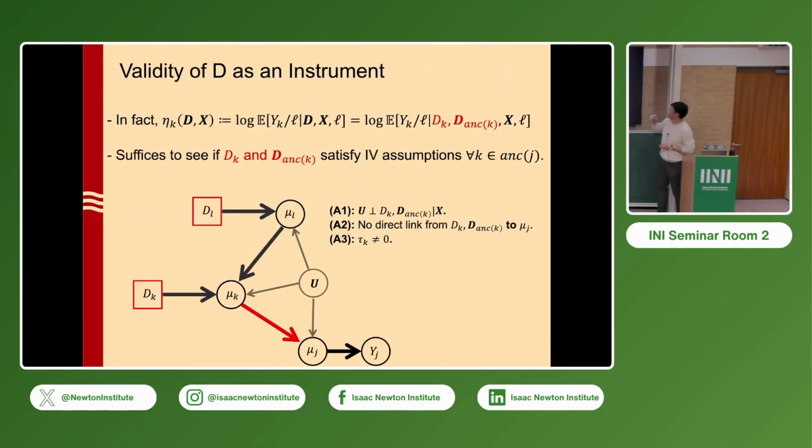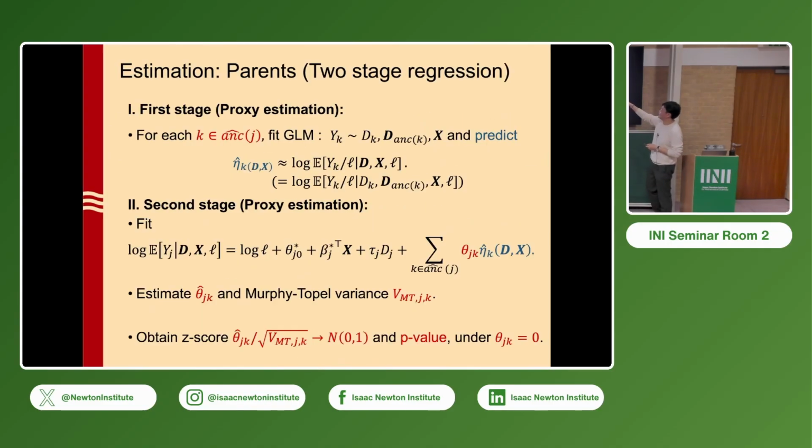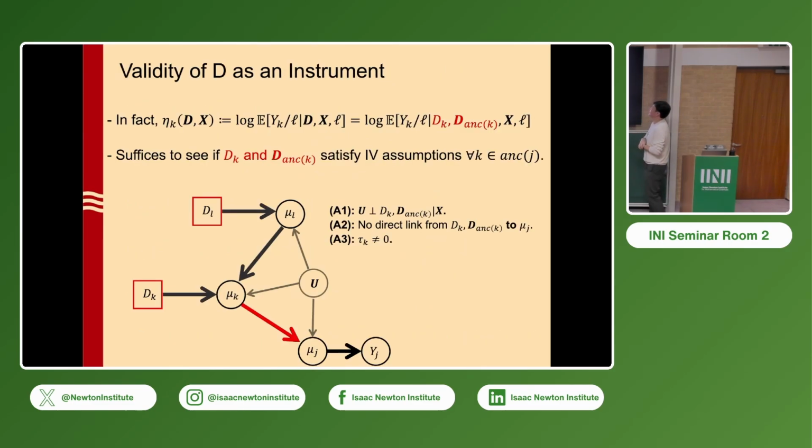So since this is similar to two-stage regression, I just wanted to tell you that the D that we use is valid as an instrument. If you take a look at this eta over here, you're actually just using this D_k and the ancestors of D_k to do the first stage regression.